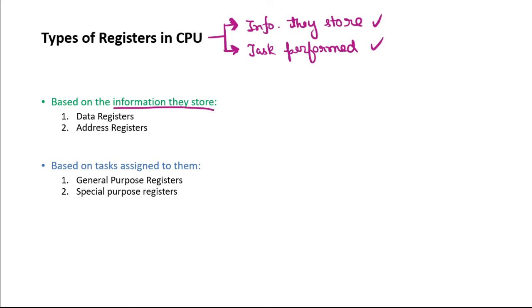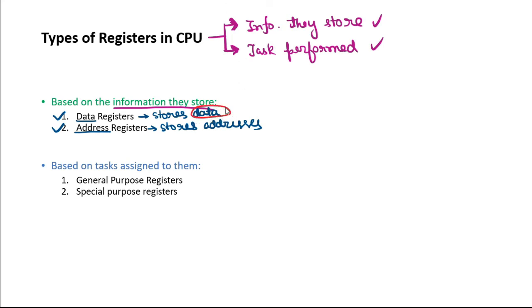There are basically two types of registers based on the information they store: data register and address register. I hope the names already give you an idea. A data register stores data, whereas an address register stores addresses.